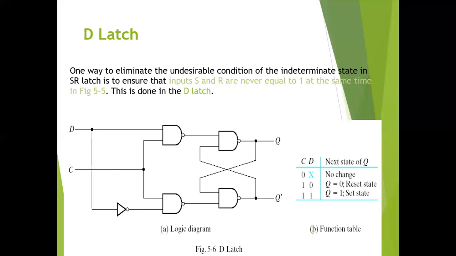The notable thing here is that the inverter which we have placed at this position will never let both the inputs of the SR latch become 1 and 1, which is an indeterminate state.